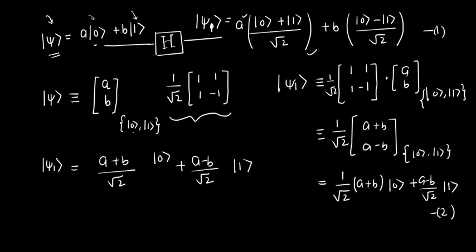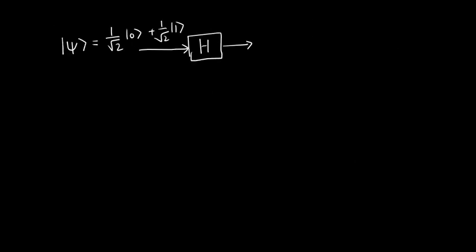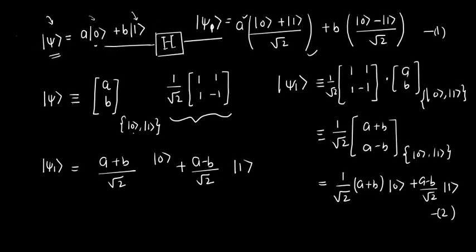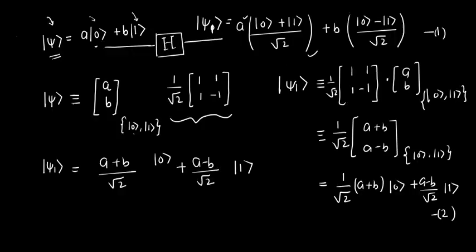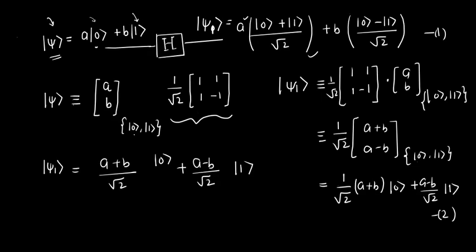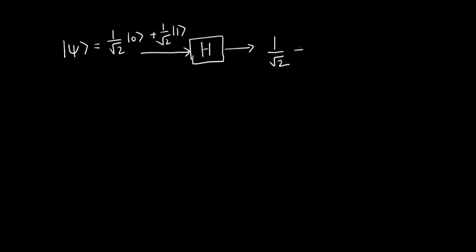So you will get A as 1 by root 2, B as 1 by root 2.